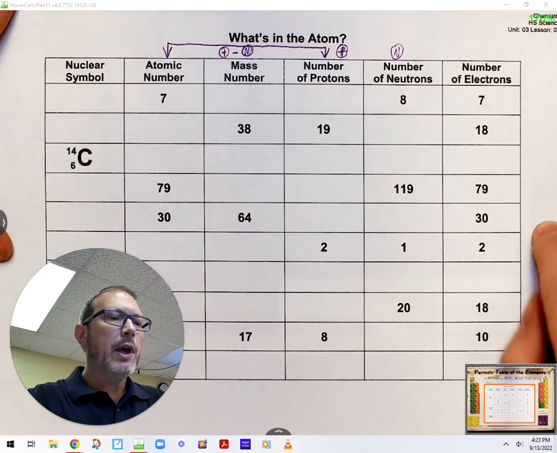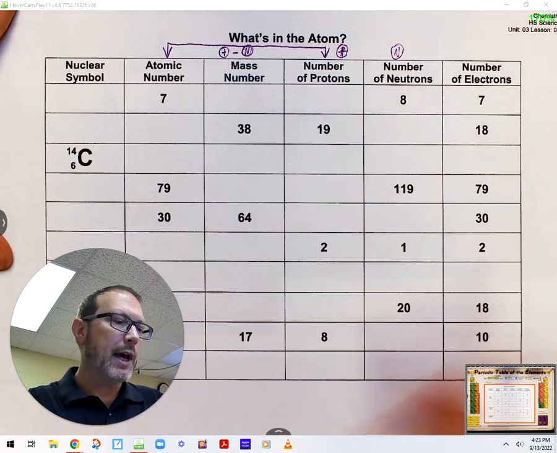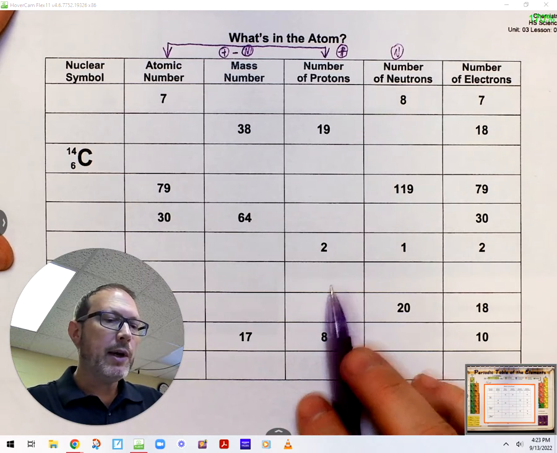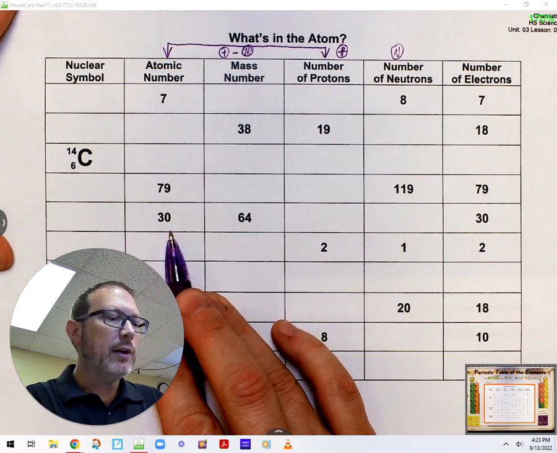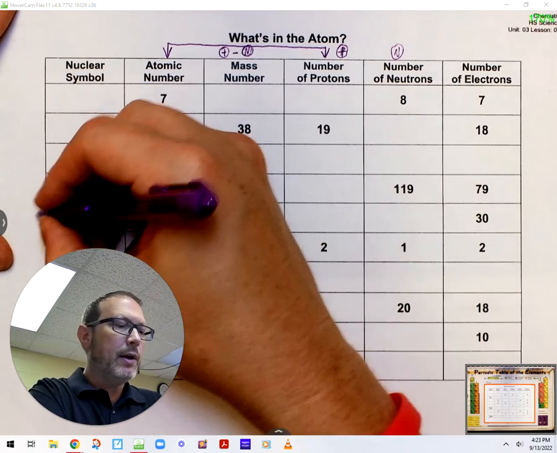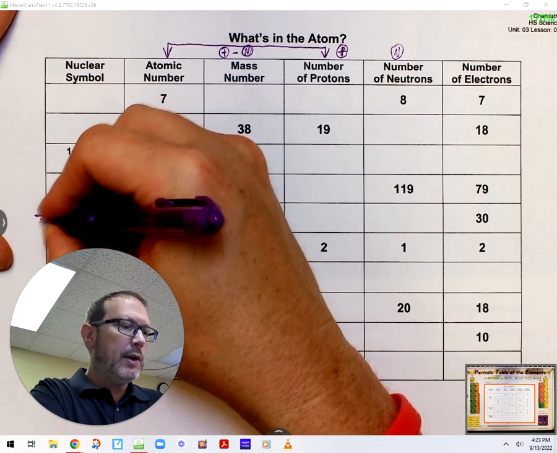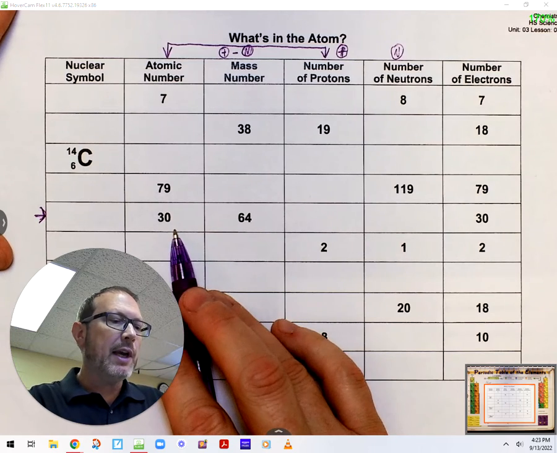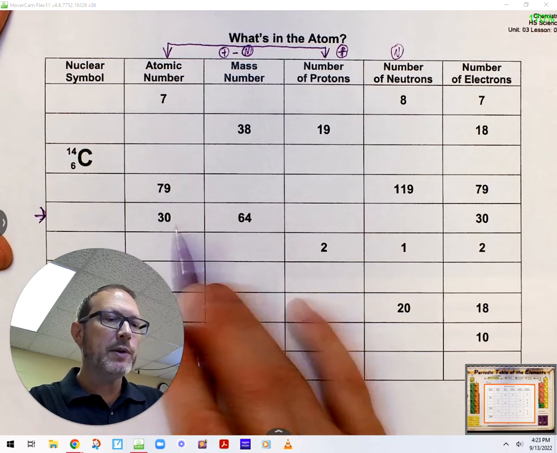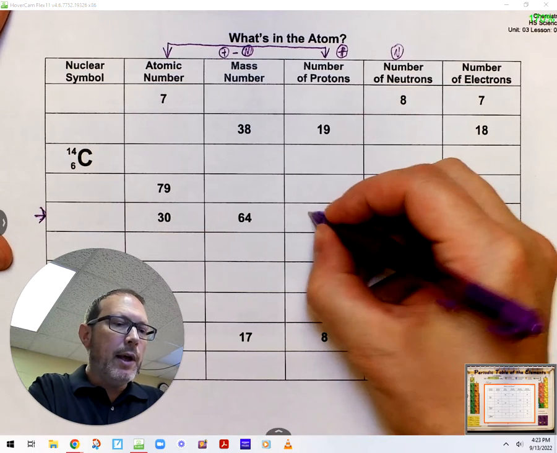So let's take a look at an example on this and see how it all comes together. I'm going to pick, just out of nowhere, this line right here. And you can see they give us some information, they leave quite a few blanks though. So the first thing I'm going to do is I know that my atomic number is going to be equal to my number of protons, so I'm going to take this 30 and take it over here.